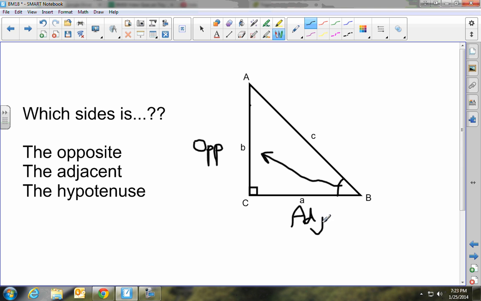That should be fairly obvious. And of course, you know that this side over here is still, and always is, the hypotenuse. Okay? So being able to identify which side is opposite, which side is adjacent is crucial to using the trig ratios. It just depends on which of the two acute angles we are working with.